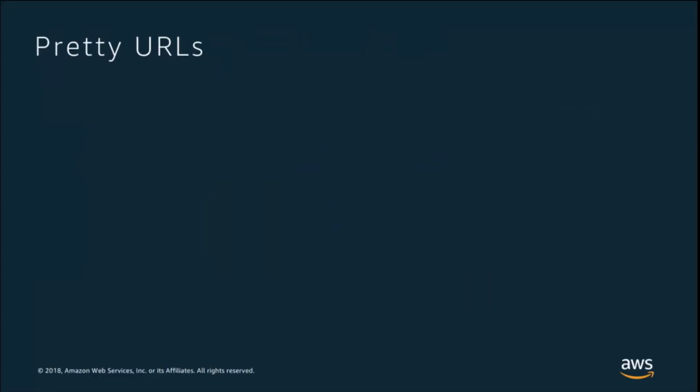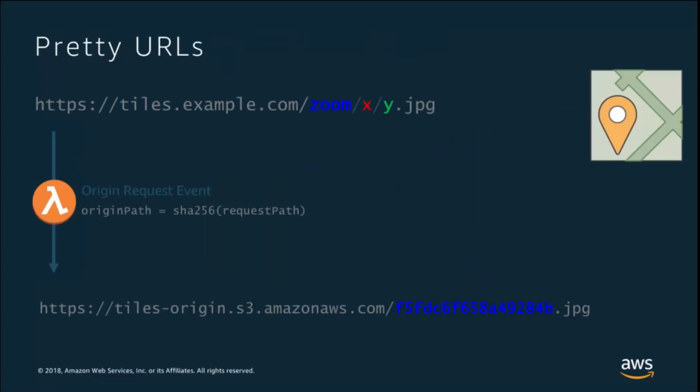For example, if you are using S3 for map tiles, to get better read-write performance out of your S3 buckets and to leverage more partitions, it is typically a best practice to insert some sort of randomness into the URL. Or there could be other reasons why you want to do a SHA-256 mapping of your URL. But the URL which is actually exposed to your end users or end app should be the format you want.